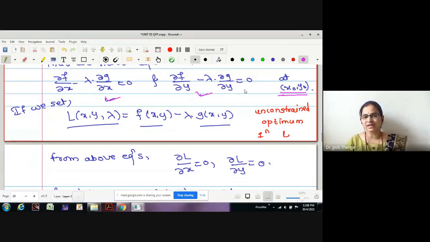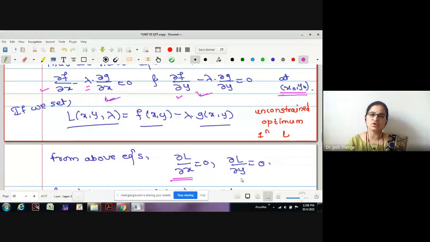Looking at this, Lagrange set up a new function called the Lagrangian function, defined to be L of x, y, lambda. Lambda was involved in the equation, therefore the Lagrangian function is defined to be f of x y minus lambda g of x y. Looking at both equations, the first equation is obtained by setting dou L by dou x equal to 0.